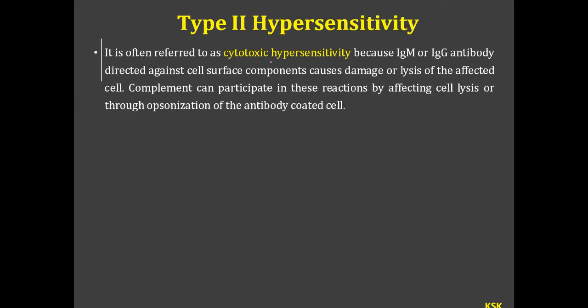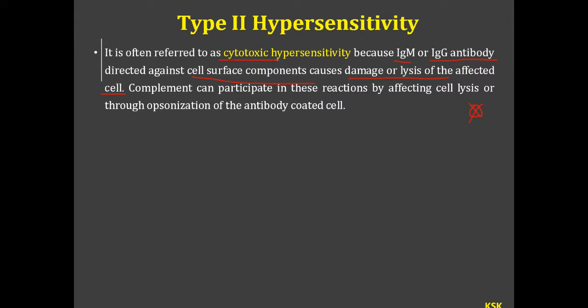Why is it known as cytotoxic? Because immunoglobulin M or immunoglobulin G antibodies are directed at cell surface components, and they cause damage or lysis of the affected cell. The cell is completely affected, or lysis of the cell may take place.